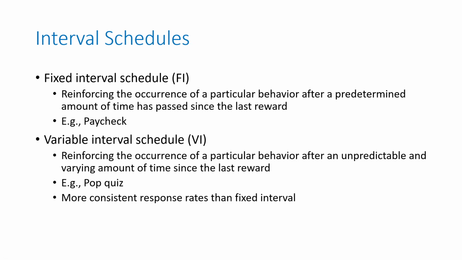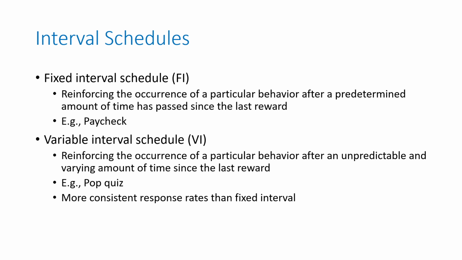So we can have what's called a fixed interval schedule. A fixed interval schedule is where the reinforcing of a behavior occurs after a predetermined amount of time that's passed since the last reward. So you can think of somebody receiving a paycheck.